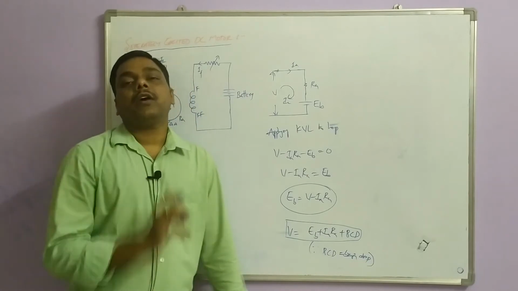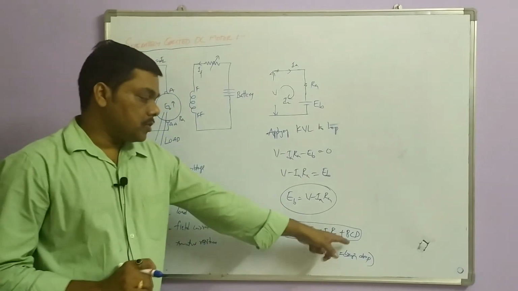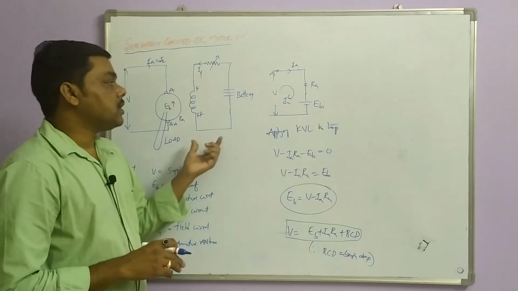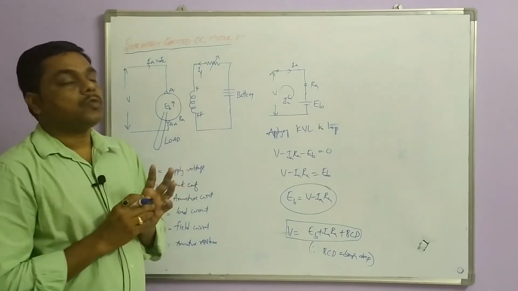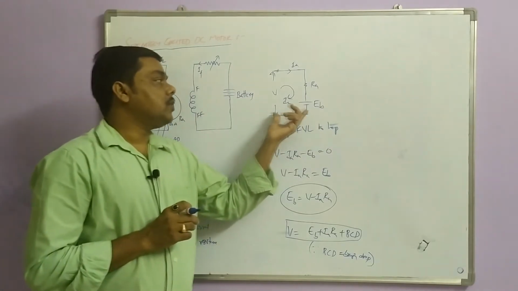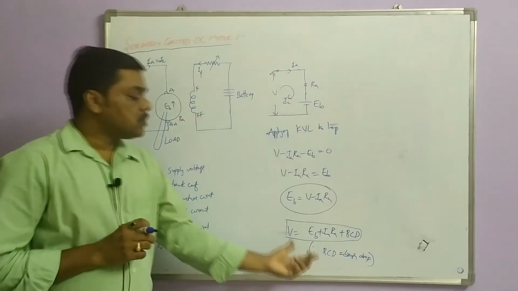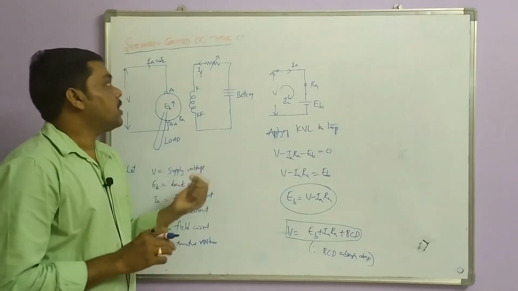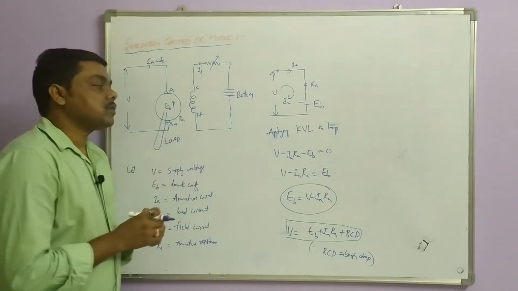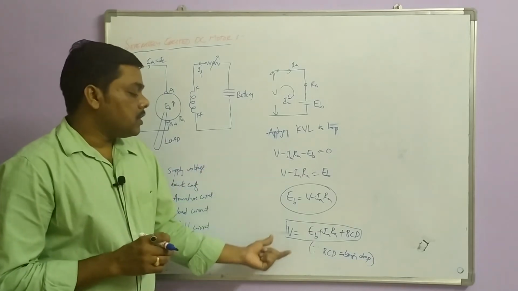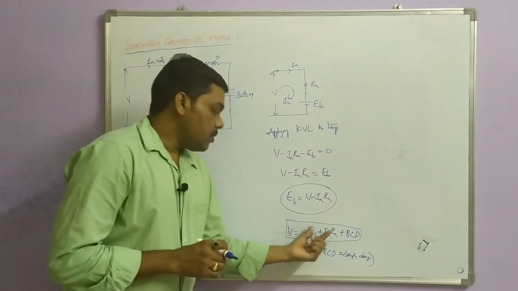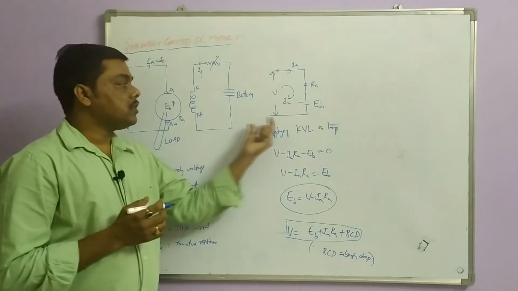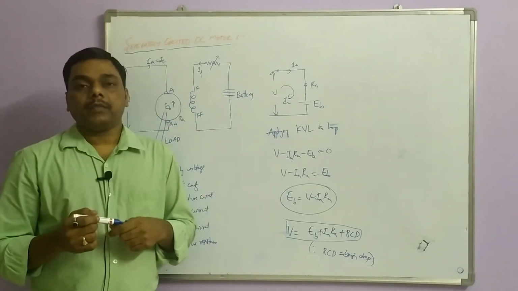We are considering only the armature drop and brush drop, so there are no other drops since it is separately excited. So this equivalent circuit gives the back EMF and voltage relations for the separately excited DC motor.